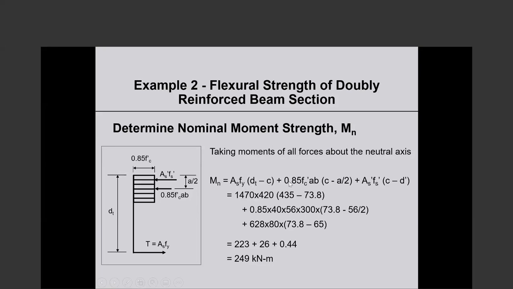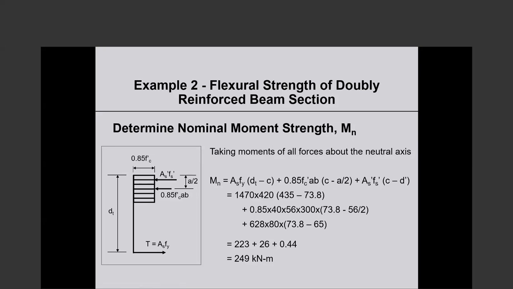This is the compression concrete force multiplied by the distance of this resultant force from the neutral axis, which would be c minus a/2. Then the compressive steel force multiplied by its distance from the neutral axis, which would be c minus d prime. When we put all the numbers in, it comes out to 249 kilonewton meters.